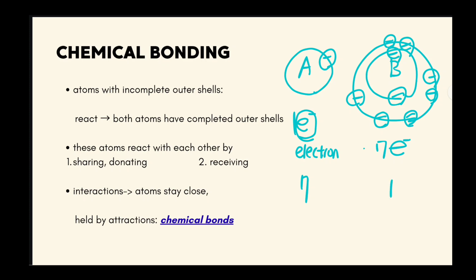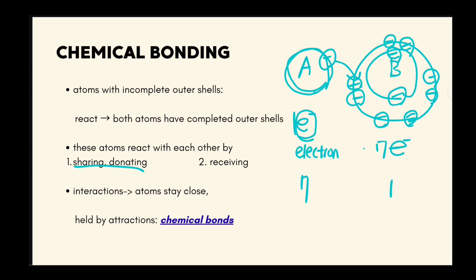Which one is easier, getting 7 electrons or getting 1 electron? Of course, getting 1 electron is easier. Therefore, atom A gives an electron to atom B. Atom A donated 1 electron, so it lost 1 electron.